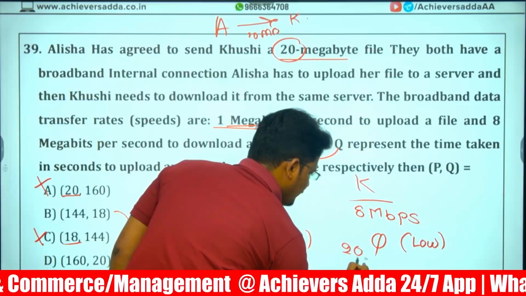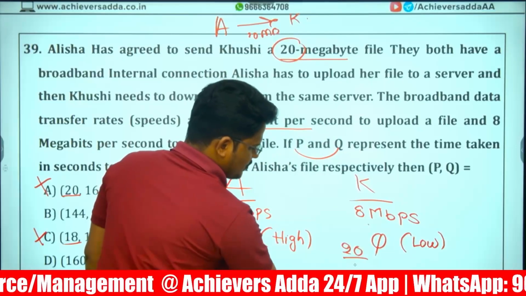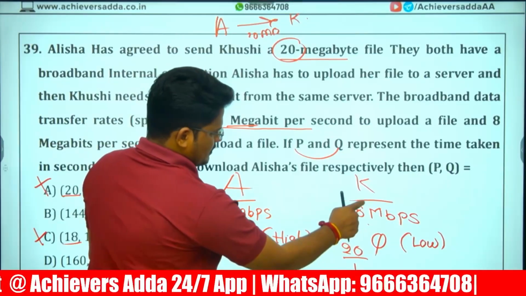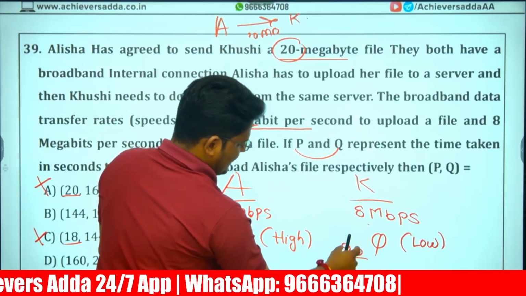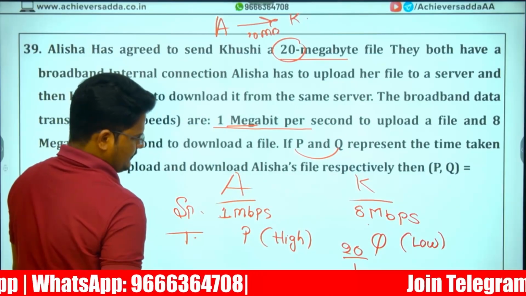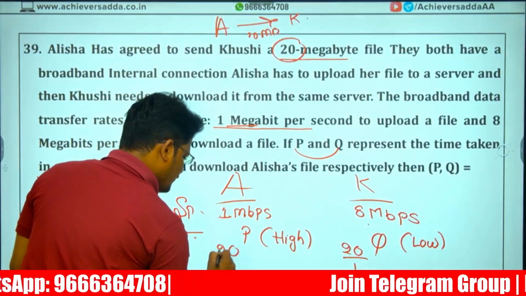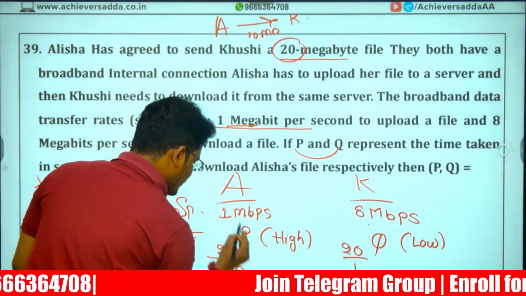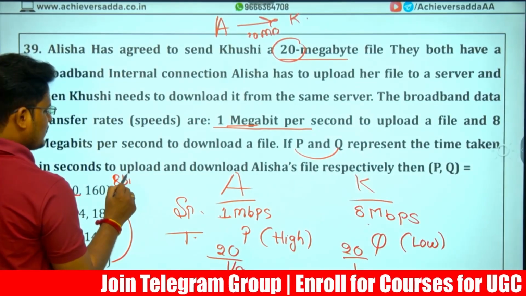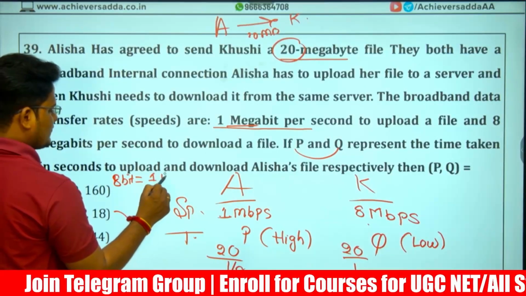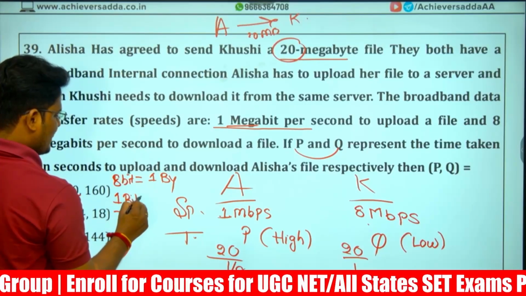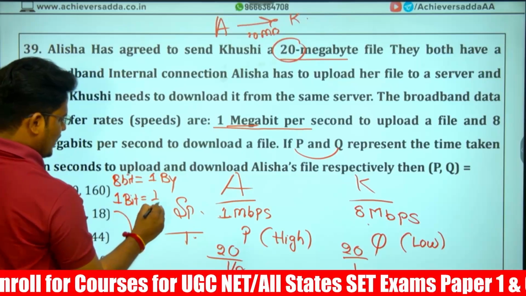So 20 MB file, 8 Mbps already. 1 byte equals 8 bits, so 1 bit equals 1 by 8 bytes.